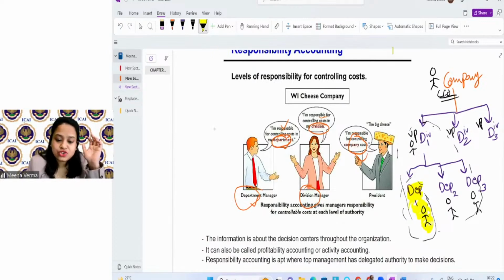Now this department information will reach this division. Again, in this division they will have their own responsibility and they have the data. But the data here will be limited as compared to this data, and the person who is using the data here will use more limited data.